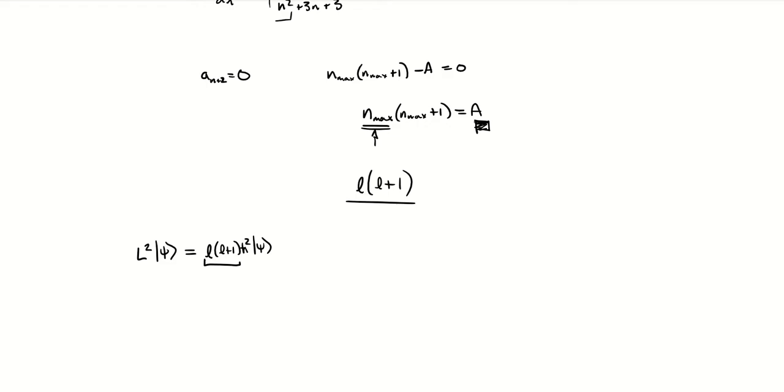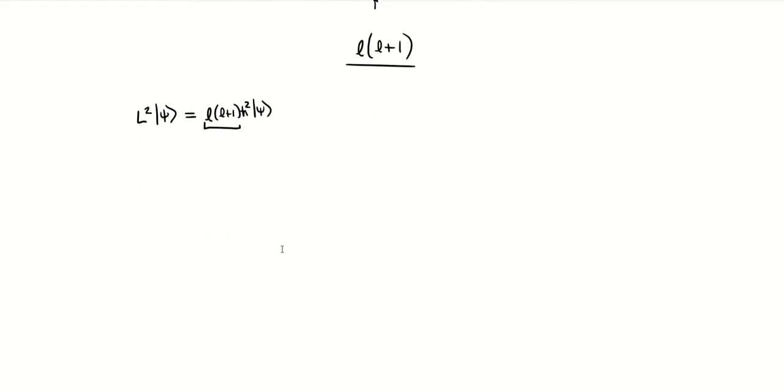If we look at our power series solution for a given one of these L's or n maxes, whatever you want to call it, we get a polynomial of degree L, right? So this L sets the degree of that polynomial.